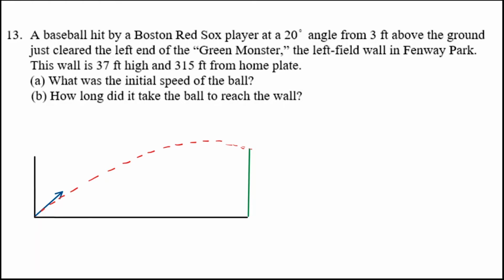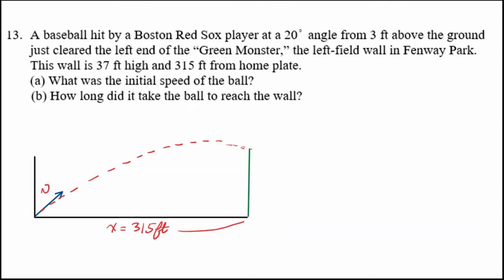Now we have to calculate the initial speed. So this v, we have this v, and that's unknown, and we have to figure that out. And this is 315 feet, all of x right there.